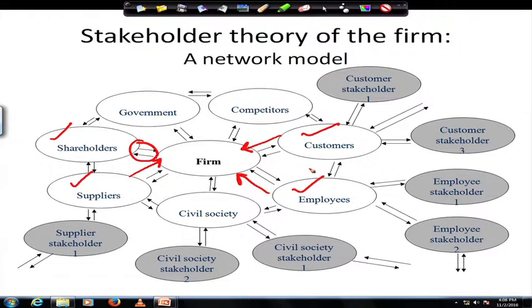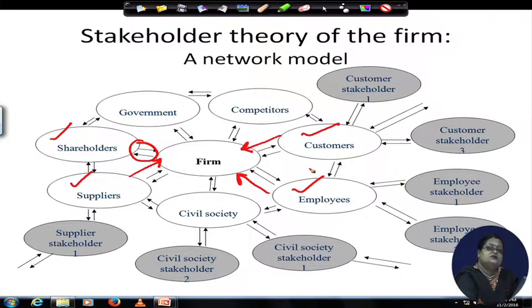Out of these four entities who are connected with the business and helping the business to reach its objectives, the firm has recognized, through its fiduciary responsibility for the shareholders' money, a two-way relationship only with the shareholders.